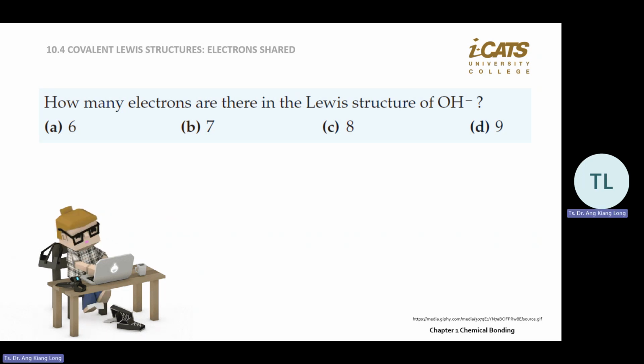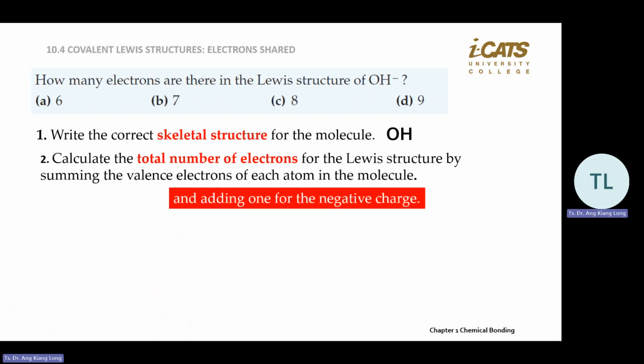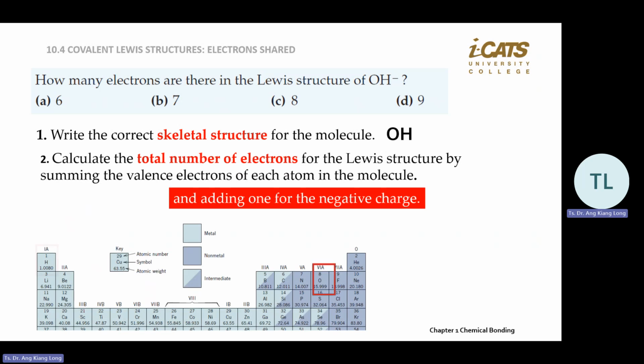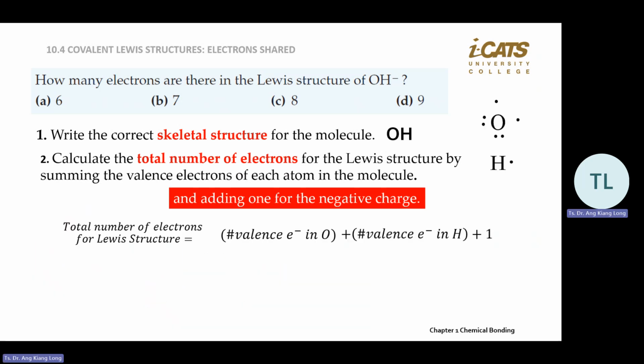Add an electron. So total how many? 6 plus 1 plus 1 is 8. Okay, so this is how you calculate. I just give you the steps to do. This is the step to establish it, but this is more than the question.